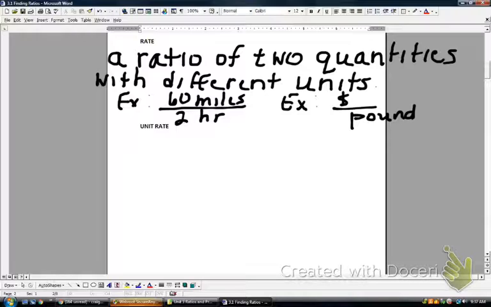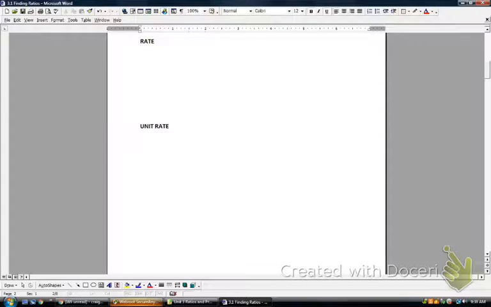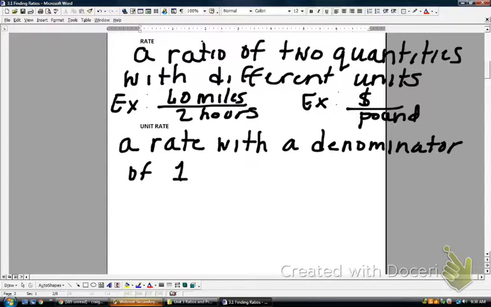My top unit is money, and my bottom unit is weight. A unit rate is a rate with a denominator of 1. So if we look at this example right here, if I go 60 miles in 2 hours, a unit rate is how far do I go in 1 hour.